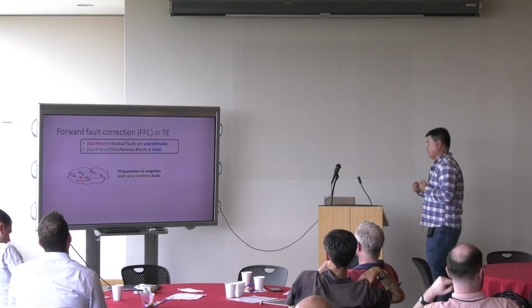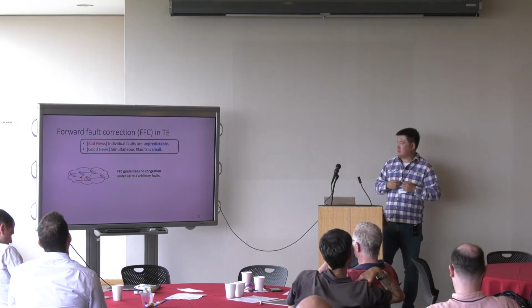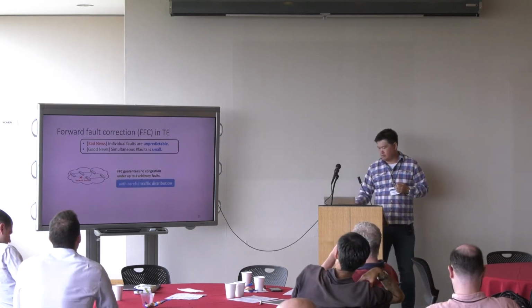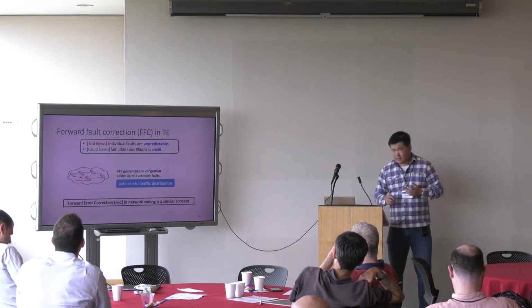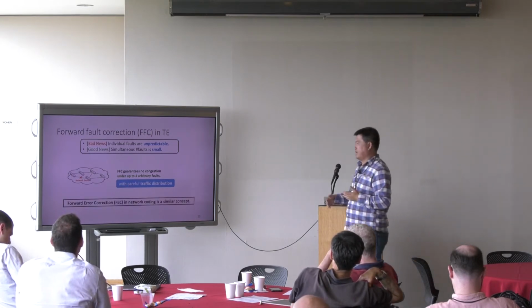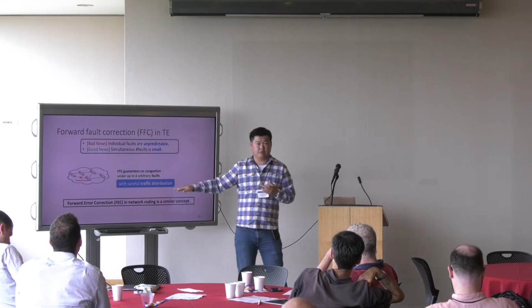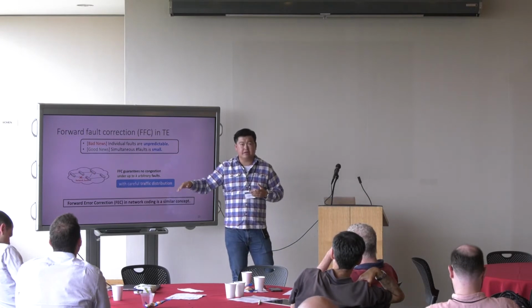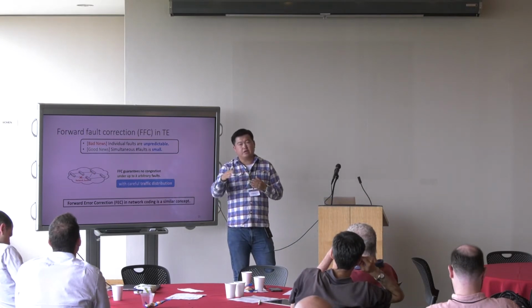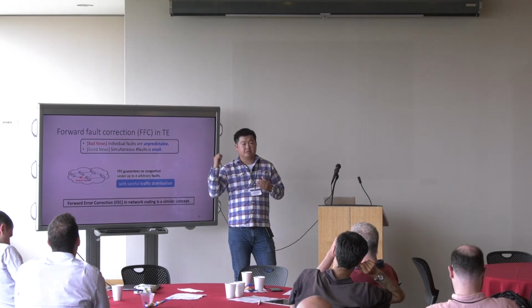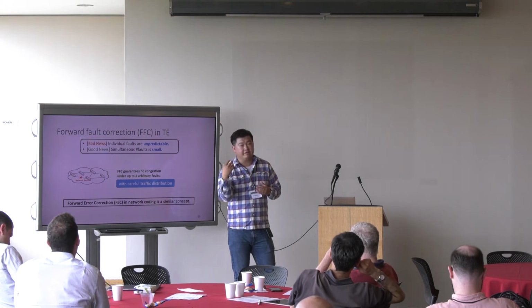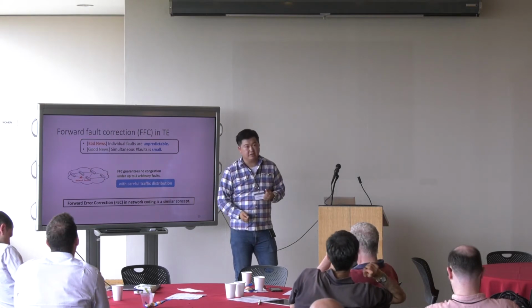Conceptually it's not new, because you may be aware of other techniques like forward error correction in communication. It says that if the channel is lossy, I can send 10 packets, but if only 9 packets get to the destination, I can recover all the information, right?